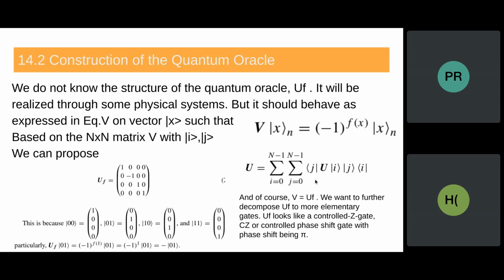Bra j ket j will do what? It is equal to 1. Same way, bra i ket i, if you take these two, this will be 1. So basically, we are just saying that U equals U, but with i and j running operation.